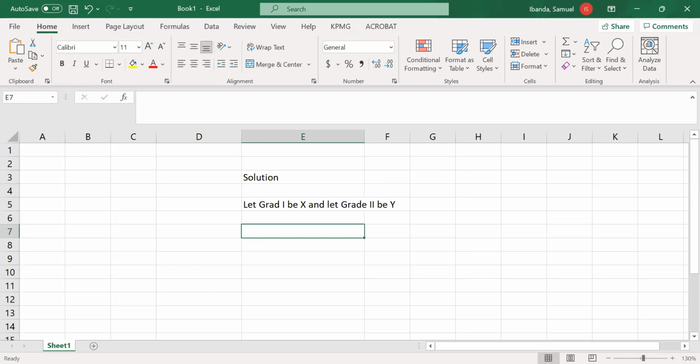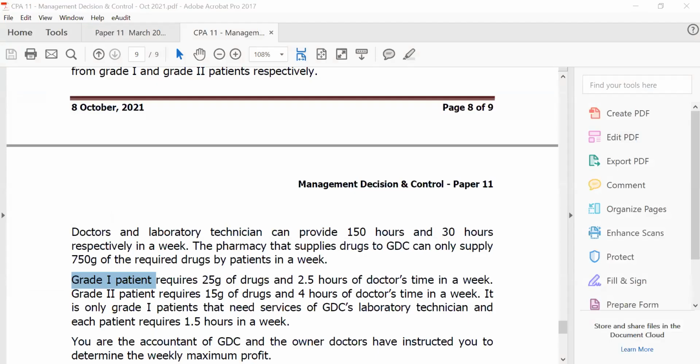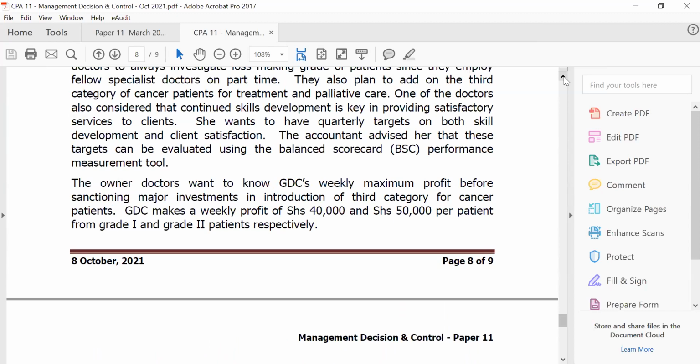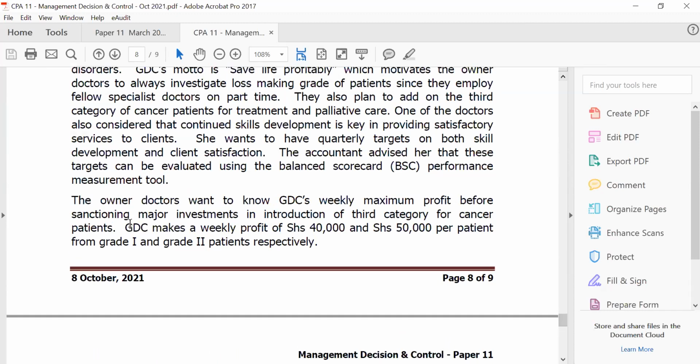So once I've come up with that, I'm going to come back to my text, and I'm now going to see if I can start making my equations. So let's start right here. They are telling us that GDC makes weekly profit of 40,000 and 50,000 per patient from grade 1 to grade 2 respectively.